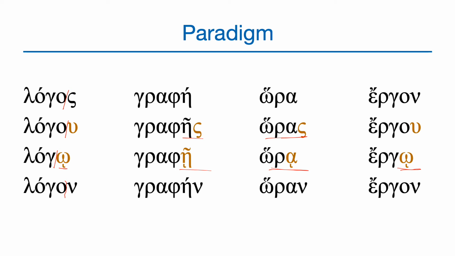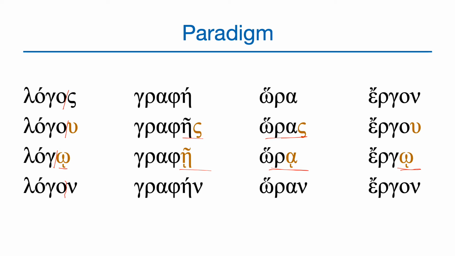So in the paradigm, which you are going to learn more as we go on, here you have learned the nominative, you have learned the accusative. Now you're going to learn the genitive and the dative. So that's what we're adding. So you have logo, genitive, logo with an iota subscript. Okay, so this is just to show you that.